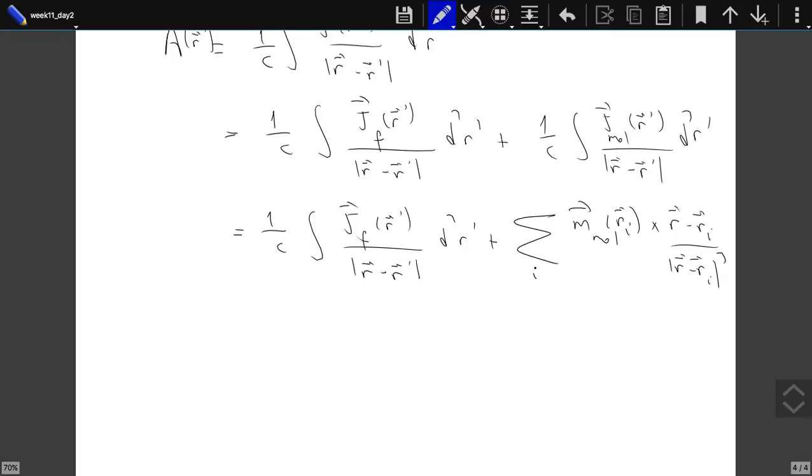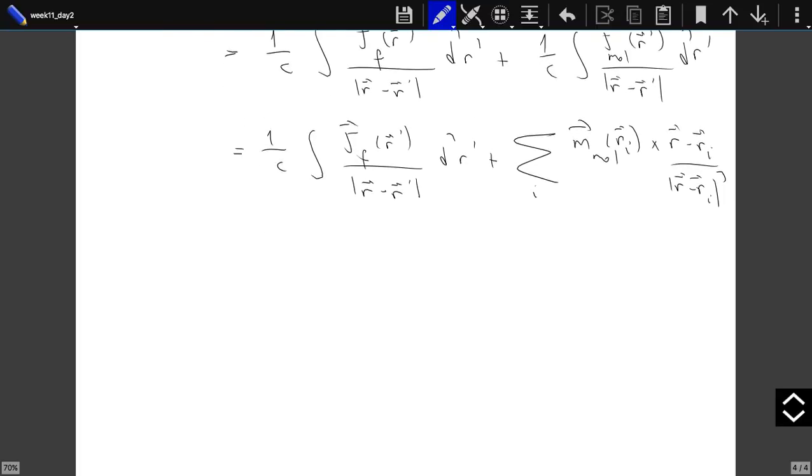But if you apply an external B field, it will align these magnetic dipoles in the direction of the external B field, and hence you will get a net magnetic dipole moment in a given region, which will create an additional B field. So that is the second term.